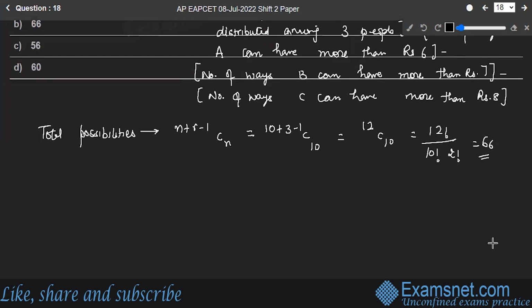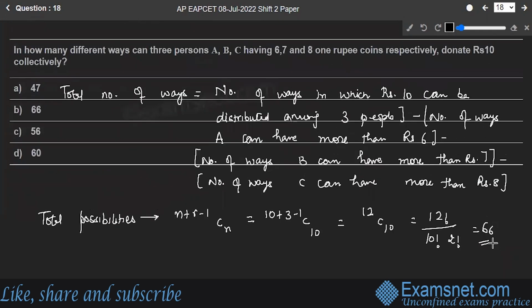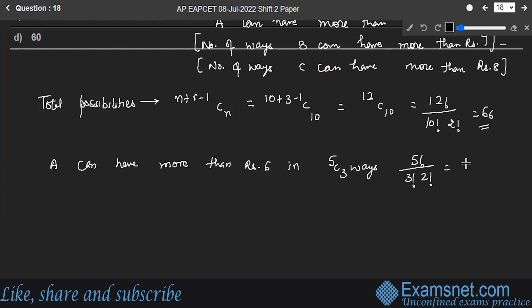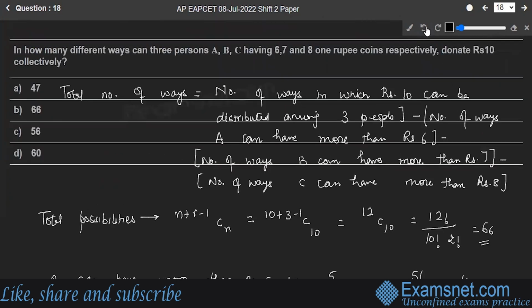Now, A can have more than 6 rupees in 5C3 ways. That is equal to 5 factorial upon 3 factorial into 2 factorial, which is equal to 10.